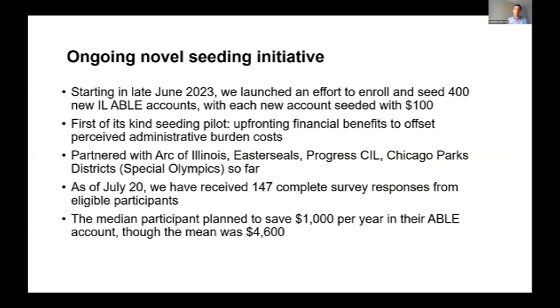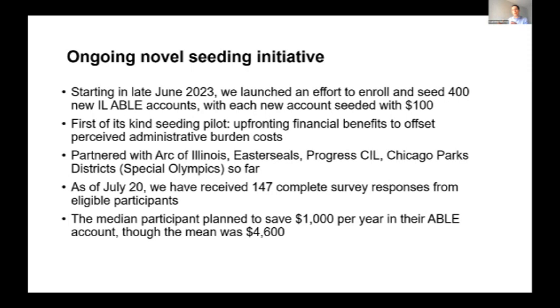So far, we have partnered with the Arc of Illinois, Easter Seals, Progress Seal, and Chicago Parks District to reach out to their members and individuals that might be receiving the mailing list, to notify them about the existence of the ABLE program, and also to invite them to take up this financial incentive that we're offering, which consists of $100 that gets deposited directly in their account upon completion of our sign-up survey and completion of the creation of the account.